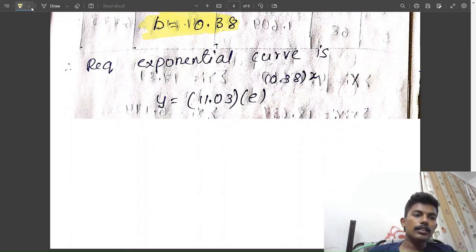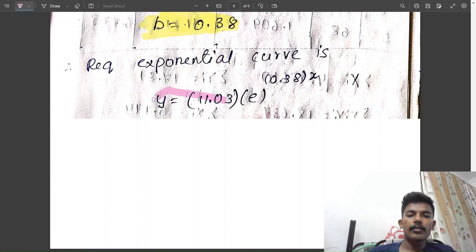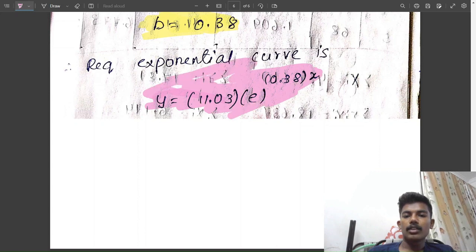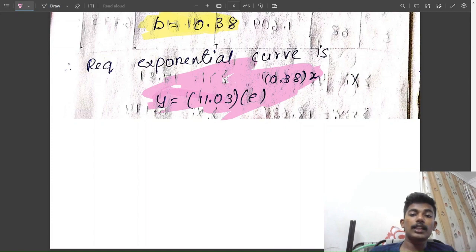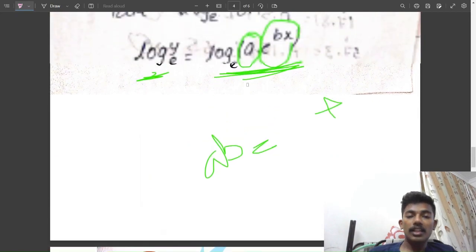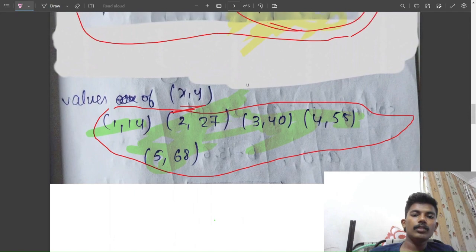So hence the required exponential curve equation is given by y is equal to 11.03 into e power 0.38x. So like this we calculate the exponential curve when they have given to fit the equation, and the equation is an exponential curve. So thank you.